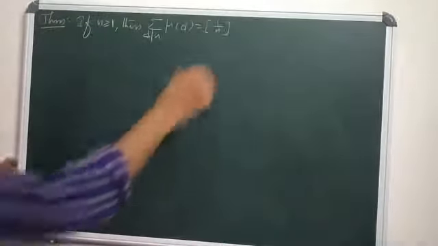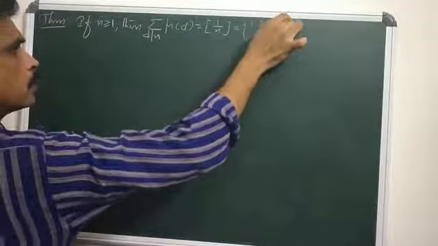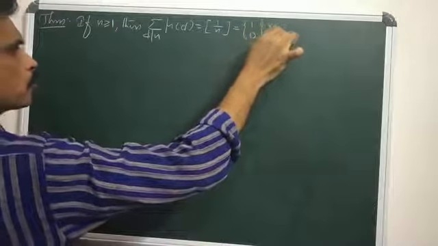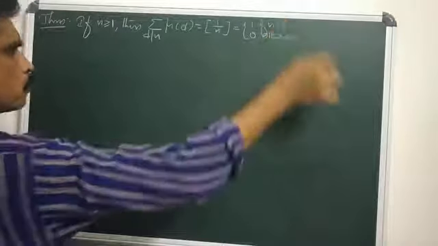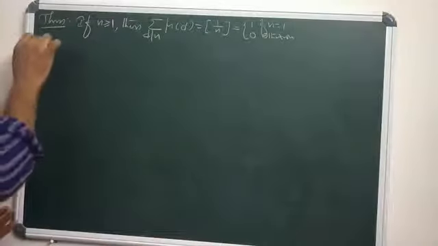What is the greatest integer of 1 by n? This equals 1 if n equals 1, and 0 otherwise. So how to prove this? Come to the proof.